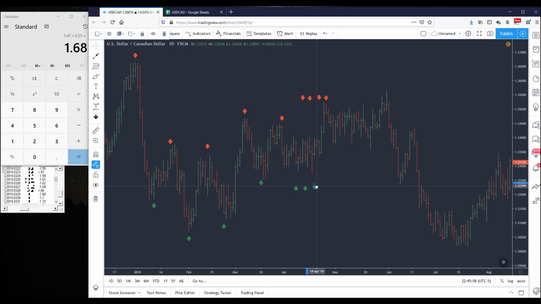Slightly faster for me to complete this. Okay, so where are we? 168 was here on the 29th of March. That's right here. So the next one is 189. 189 is 409.